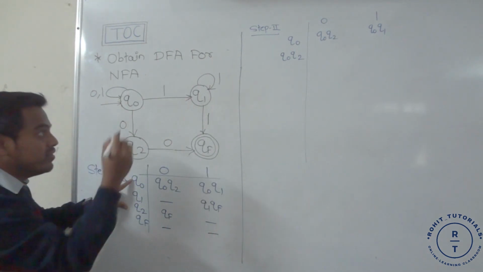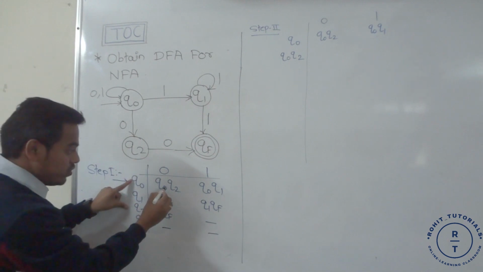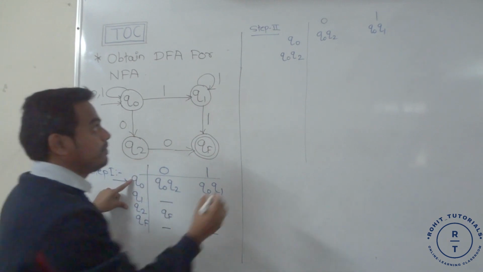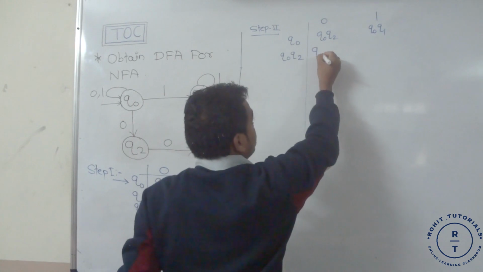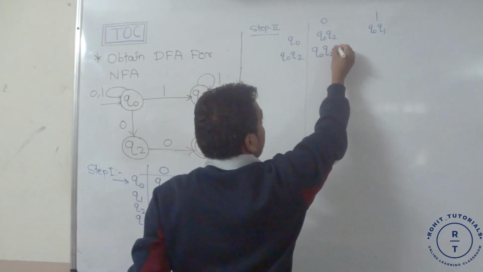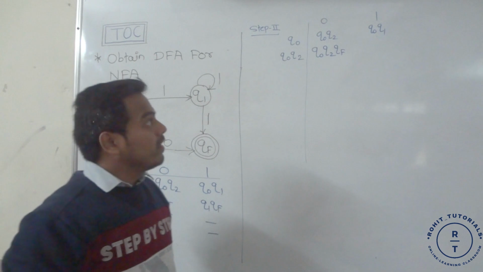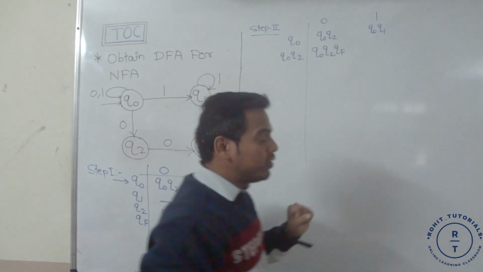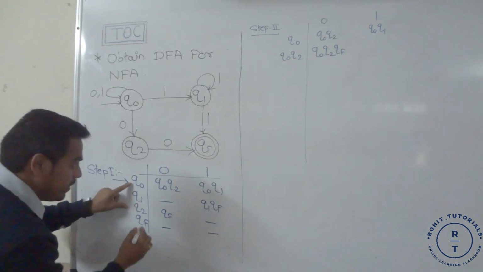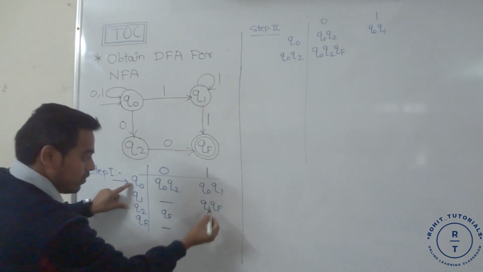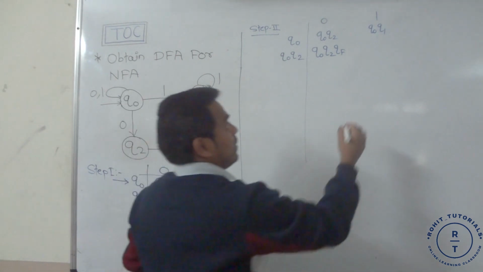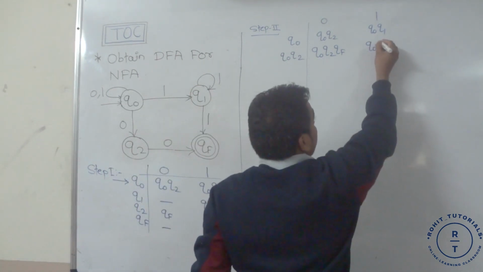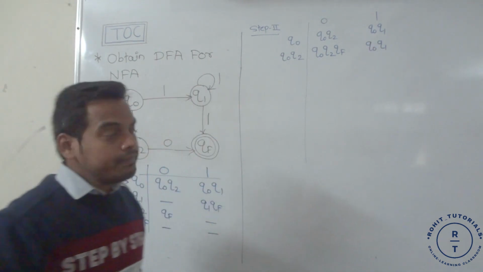At Q0, Q2 state, suppose 0 input occurs, it goes to Q0, Q2 and Qf. Now next, at Q0, Q2 state, 1 input occurs, it goes to Q0, Q1 and dash. So it becomes Q0, Q1.